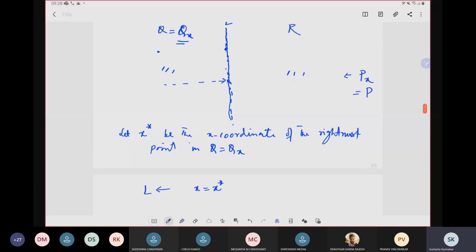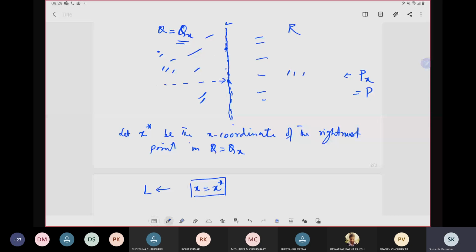Now I can say that this line separates Q and R clearly, because all the points in Q are either on the line or to the left of the line, and all the points in R are strictly on the right side. Why so? Because the designation is x equal to x star, the highest x coordinate. So only one point will be on this line, and all the rest will be on this side.